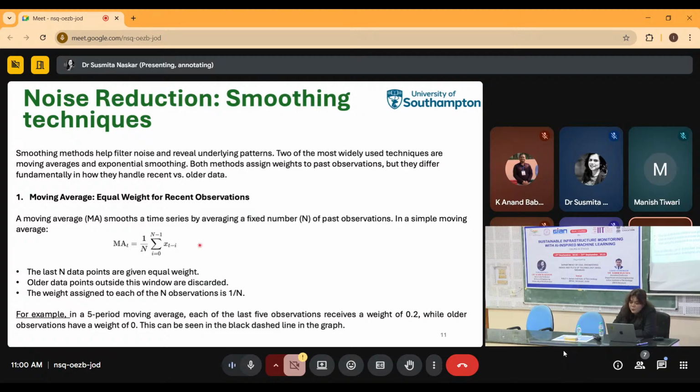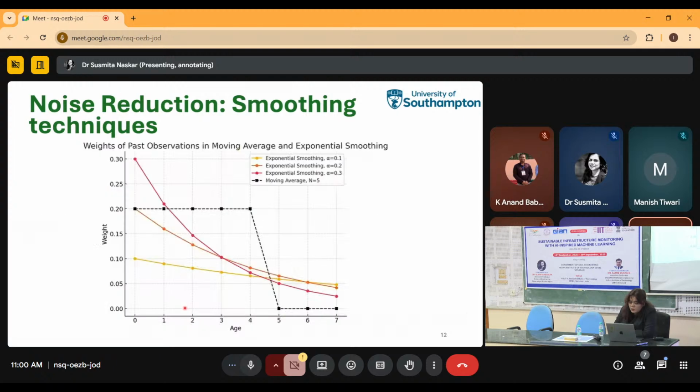But it is very important for you to understand two things. The first is this equation. Another important thing is that older data points outside the window always become 0. That's a very important point to look at in this graph when we use the smoothing method, okay?